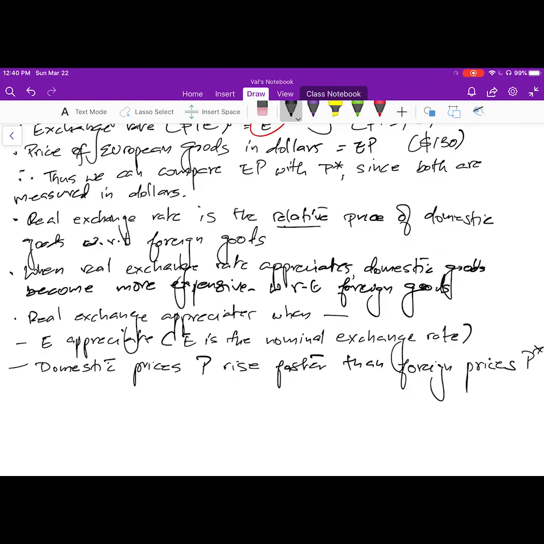So when real exchange rate appreciates, the country becomes less competitive.